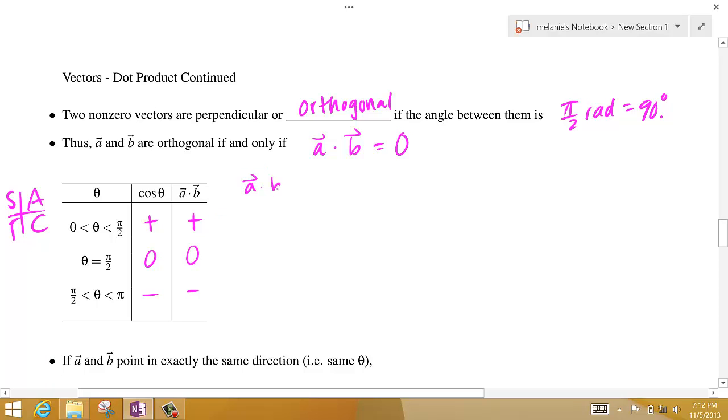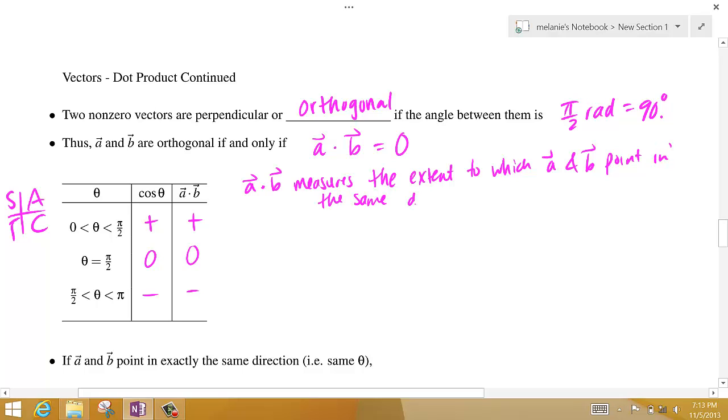Well, A dot B measures the extent to which A and B point in the same direction. Okay. So for this first one, if cosine is positive, that means the dot product is positive, so A and B point in the same general direction.